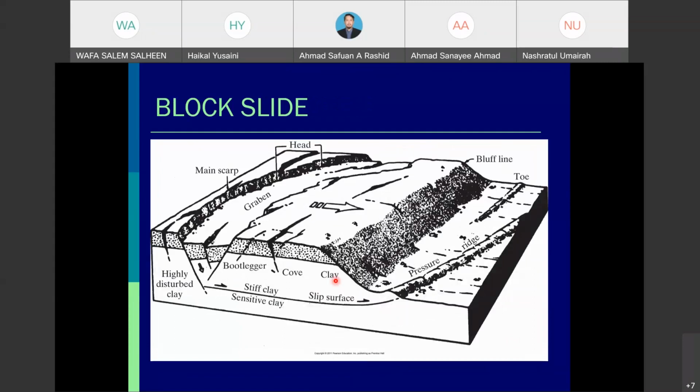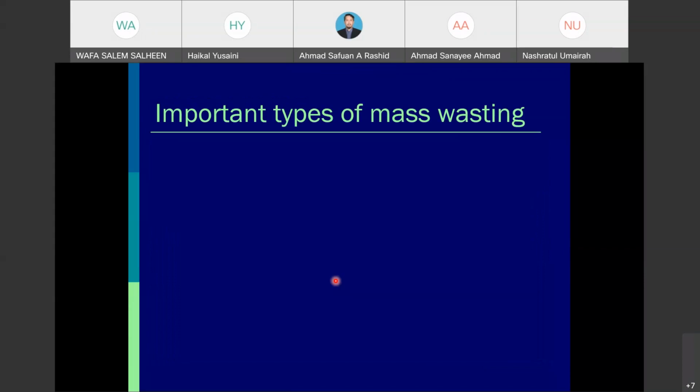However, some of the examples we may not discuss in detail in terms of obtaining the factor of safety value, but I want to explain several types of failure. Important types of mass wasting.